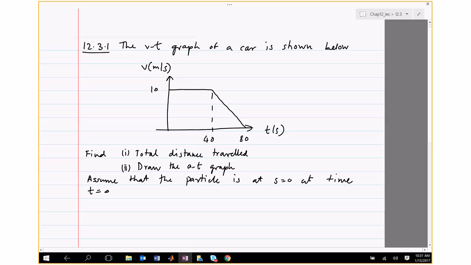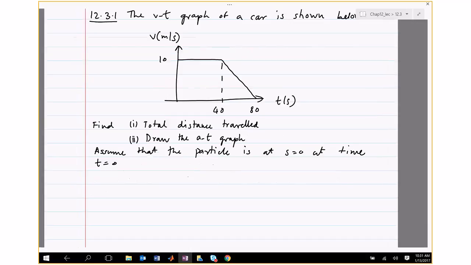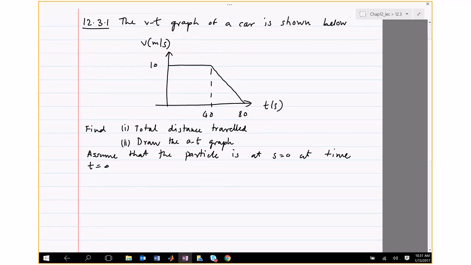Stuck in another building, sorry. Okay, so why don't you try to solve for the distance traveled? You're going to find the distance the particle travels all the way from 0 to 80 seconds.